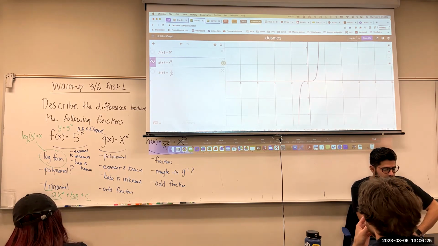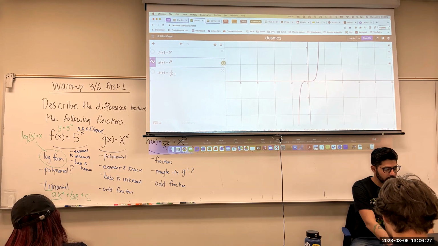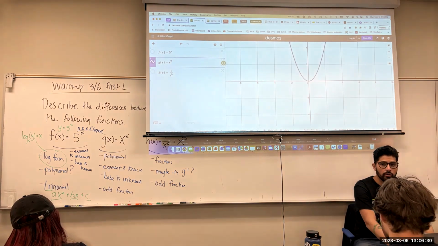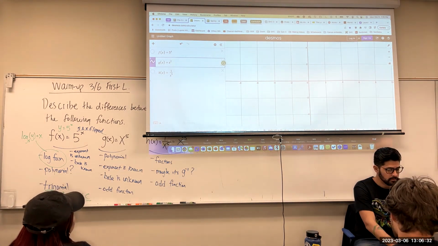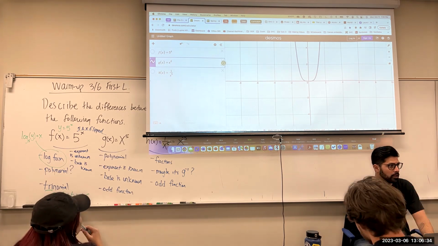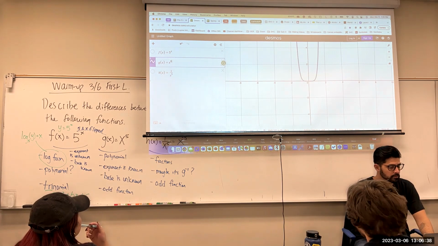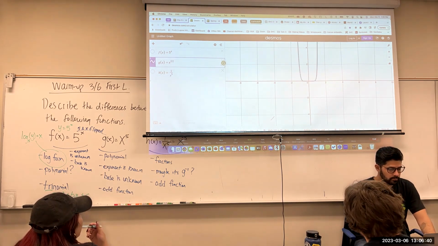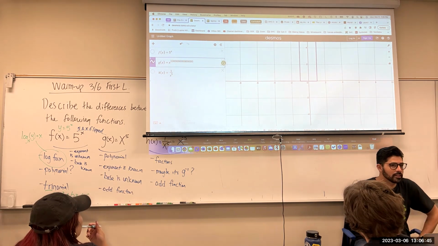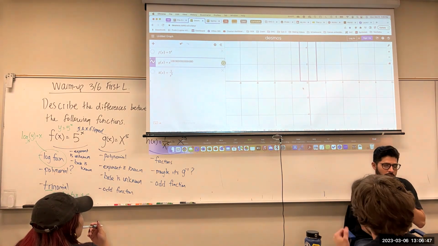Yeah. So one property we're going to see is that if the power is even, it looks parabola-ish. That's a property of that.